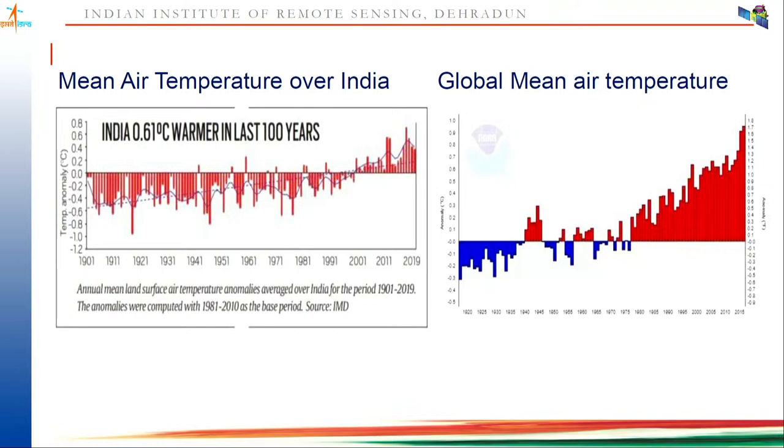It may vary across different localities and regions, but for the whole of India the trend is 0.6 degree warming over the last 100 years. Global mean temperature is equally increasing, but a little bit faster. You can see from 1970 onwards there is a steep rise in the global mean temperature. This may be because of more and more increase in greenhouse gas concentration in the atmosphere caused by burning of fossil fuel and other anthropogenic activities.